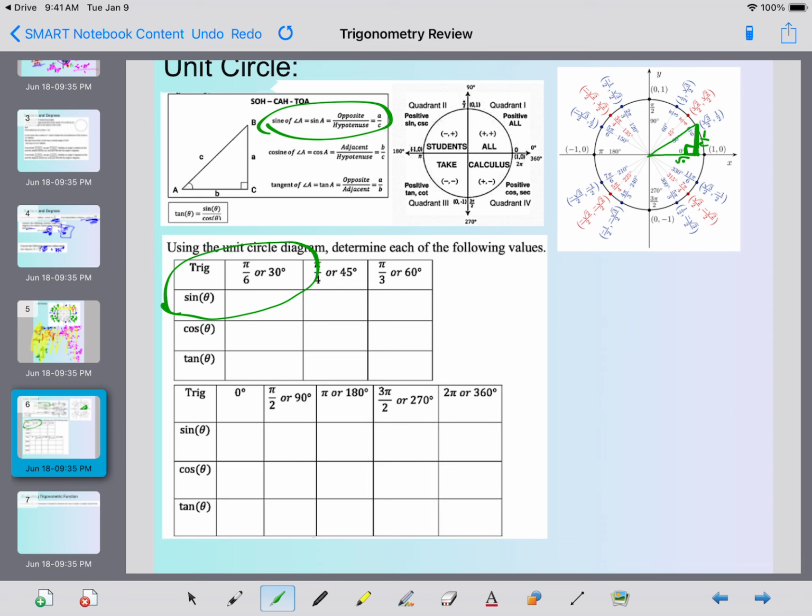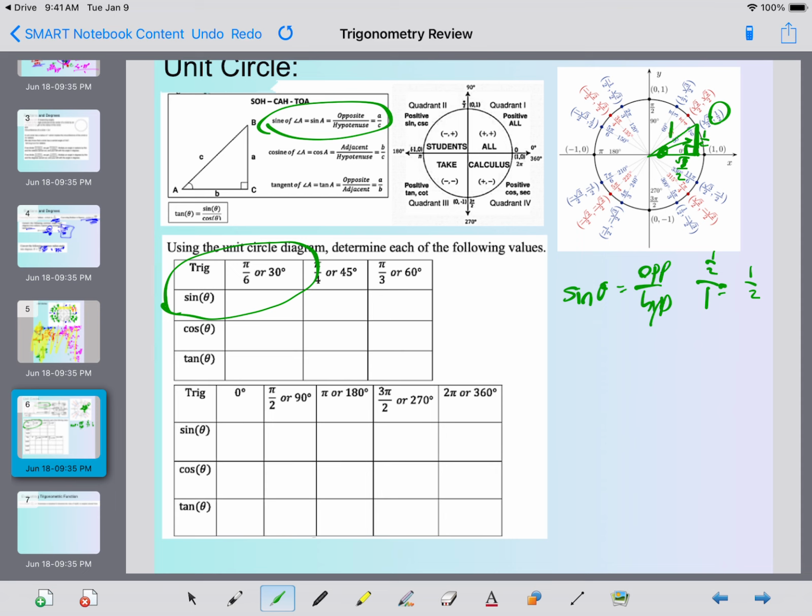We said that this length here is radical 3 over 2. And sine is opposite over hypotenuse. So your opposite side is 1/2. Your hypotenuse side is 1, right? Because it's the unit circle. Oh, 1/2 over 1 is just 1/2. But isn't that your y value here, right?